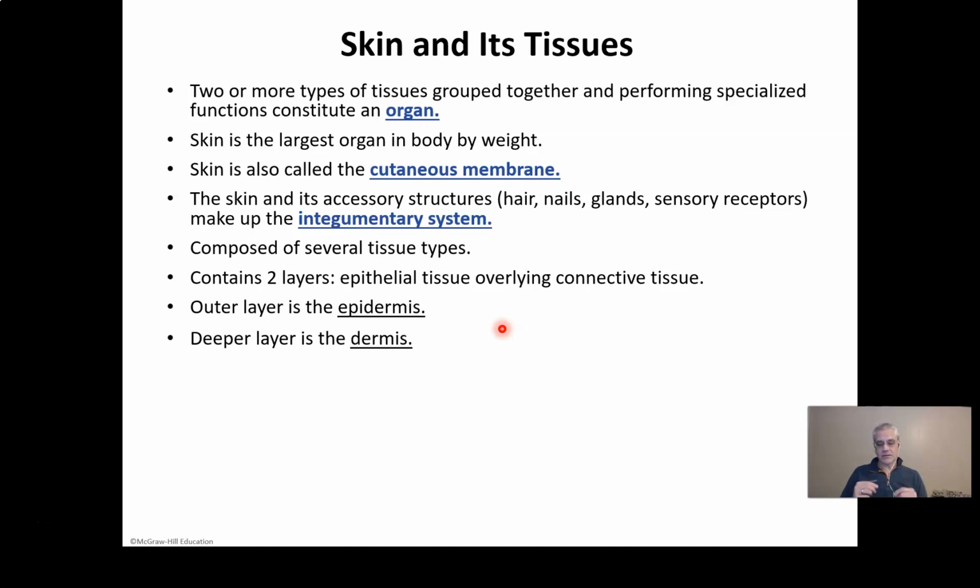These are two distinct layers. They're very, very thin, but they're very strong. It's very necessary to have a good connected cellular system between the dermis and epidermis. We're going to talk about their specifics.